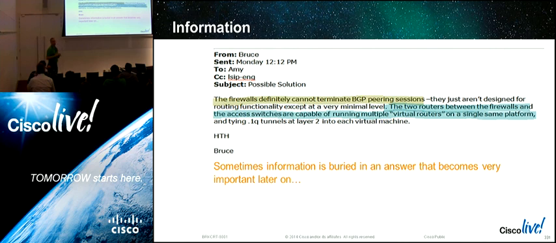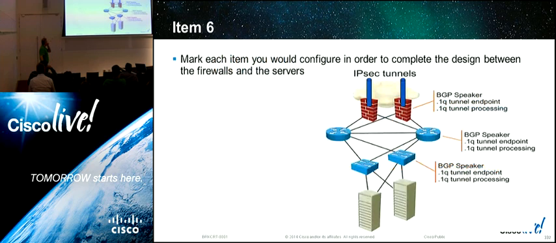We now know we can do .1Qs and provide separate routers for separation of the control planes at those routers. So now you're asked, okay, if I'm going to move those tunnels, what is going to be the role in the network now of each of the elements here?